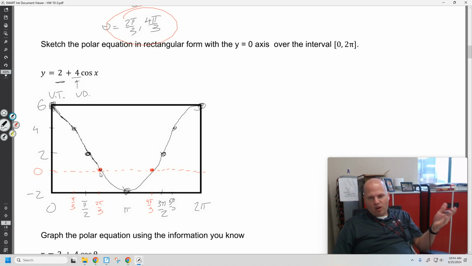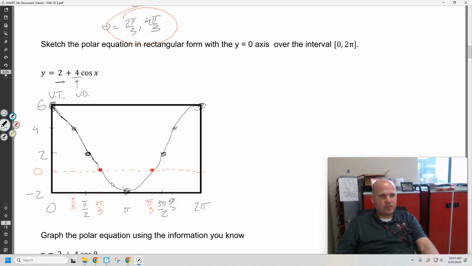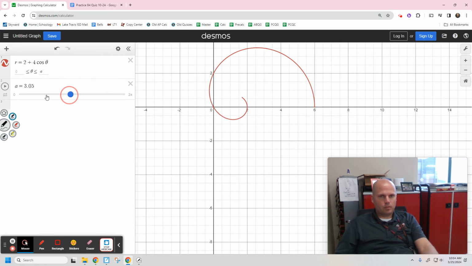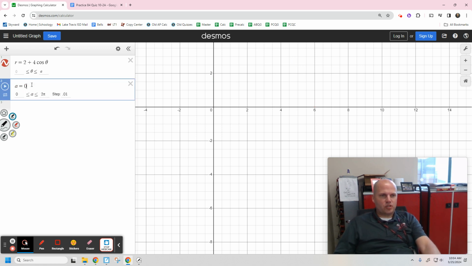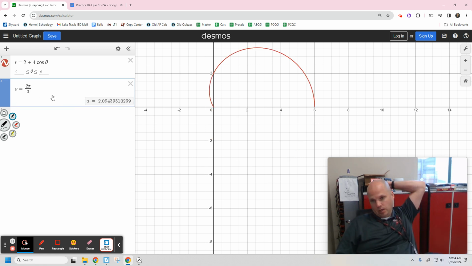Typically, we see that if our rectangular graph is going down, the radius is decreasing. No longer. The radius is decreasing, but the distance is no longer going to decrease. And this is what's important. We go from 0 to 2 pi over 3. Boom. There's where I get that radius of 0.